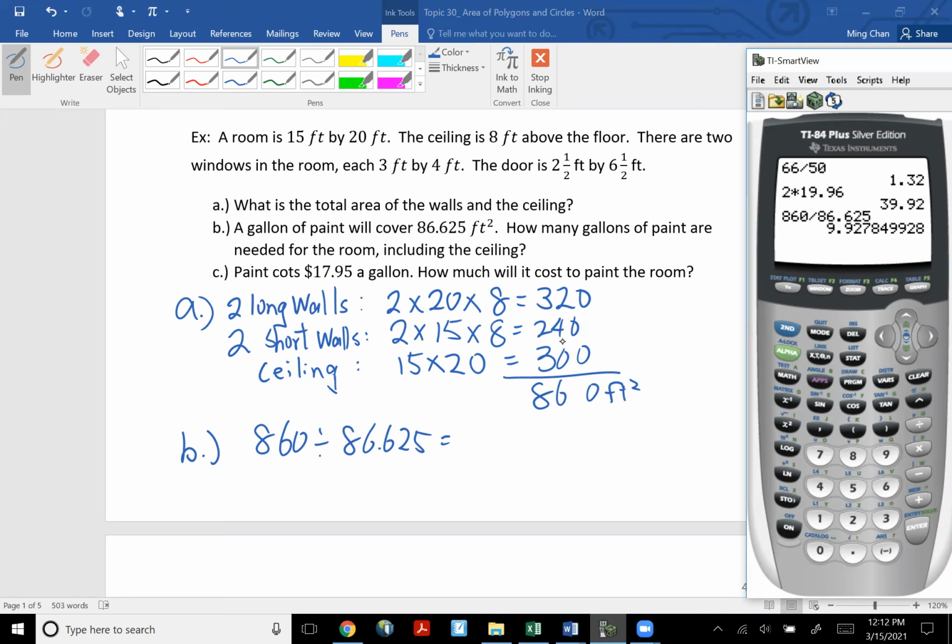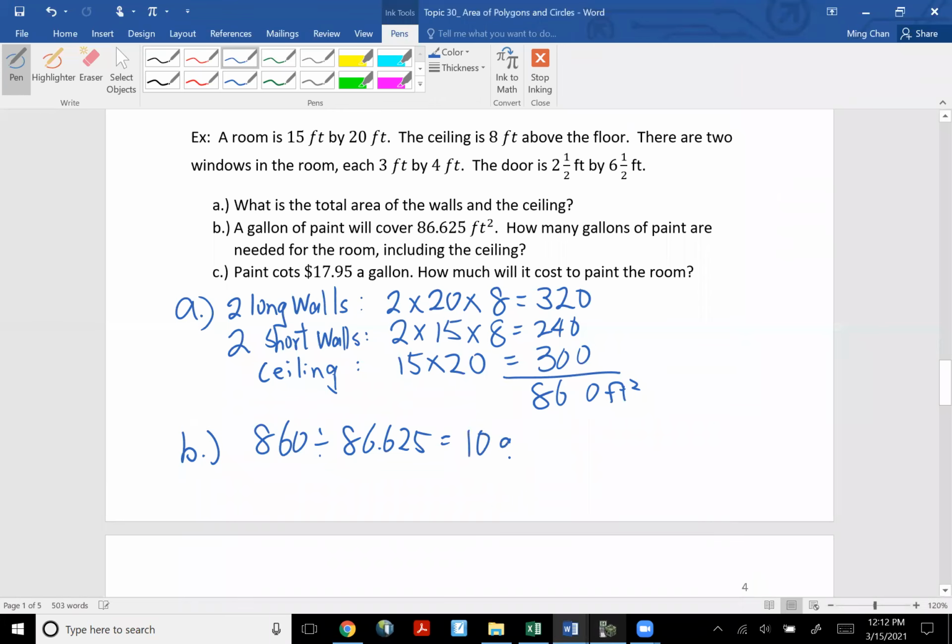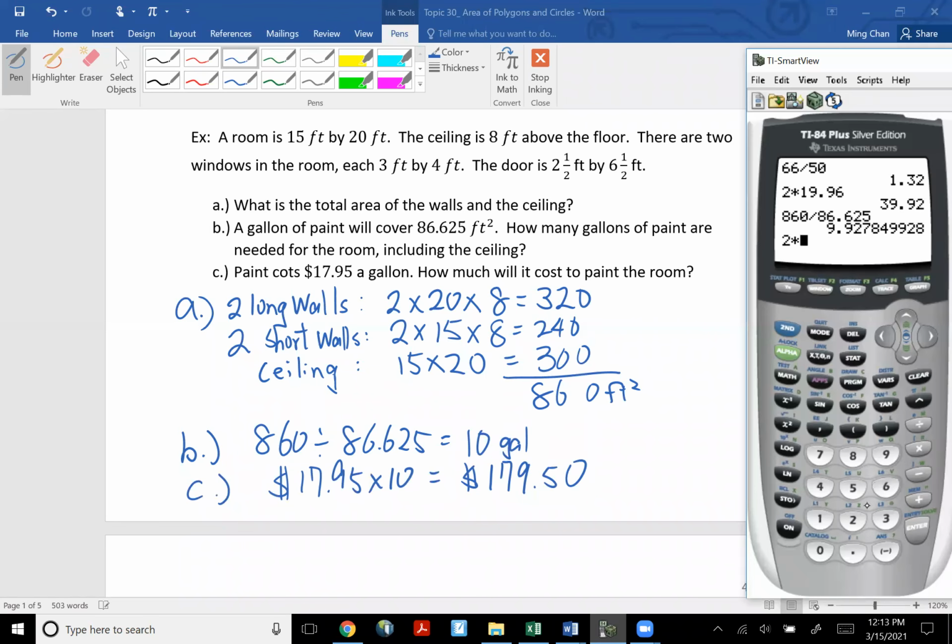Make sure I add up right. 860. So can I buy part of a gallon? So that's about 10 gallons. All right. Paint costs 17.95 a gallon. How much would it cost? So that will be 17.95 times 10. So that will be about $179.50.